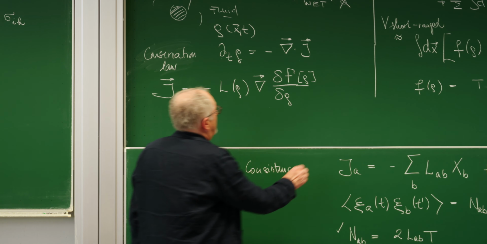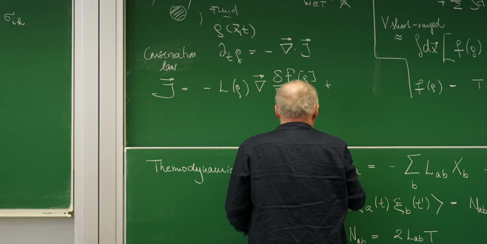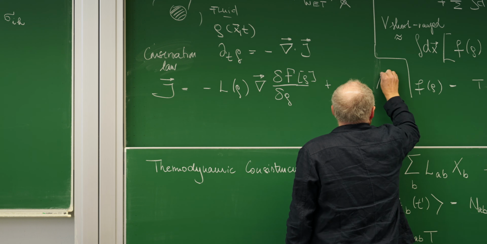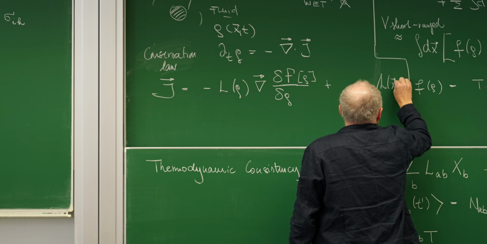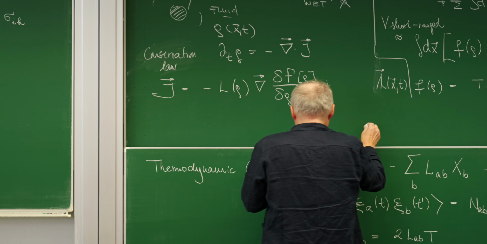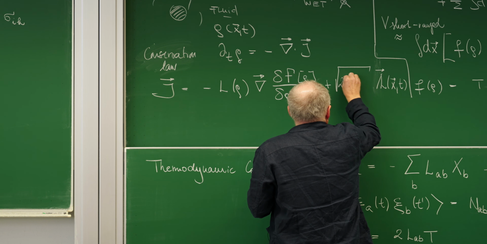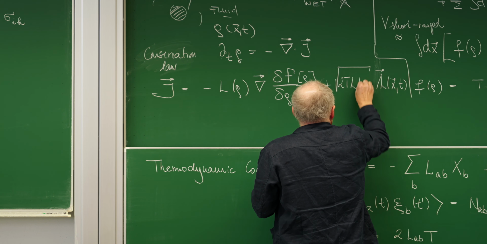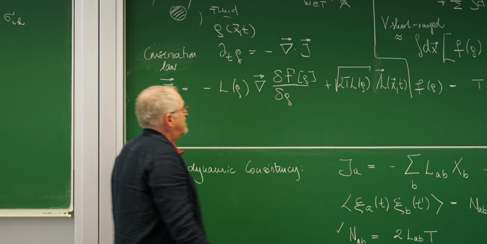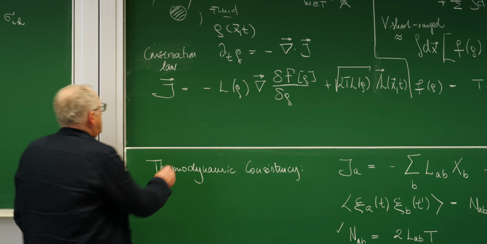Plus a term that comes from the noise. So I have some kind of noise term that we call lambda of x and t. That's a vector. And it has an amplitude, which I just naively take to be determined by the fluctuation dissipation theorem, so 2 times temperature times L of rho.